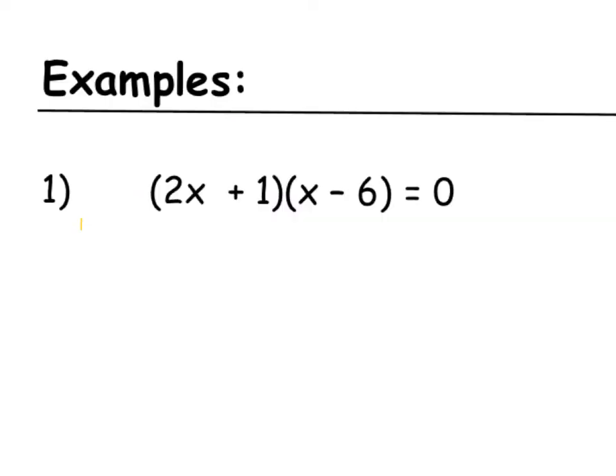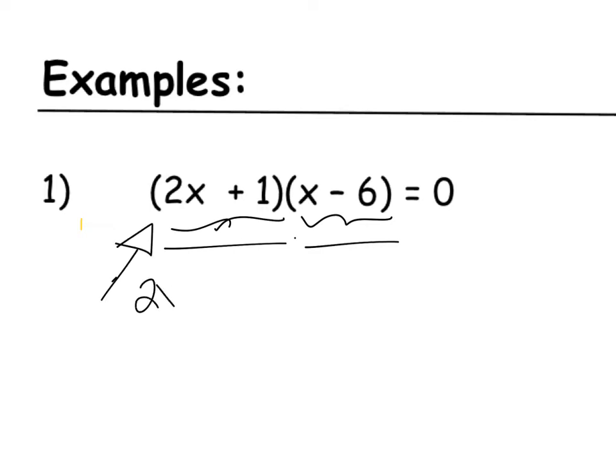In our first example, we have (2x + 1)(x - 6) = 0. So we're already in the right form of something times something equals 0, and all we need to do is set each factor to 0 to find the solutions. So either 2x + 1 has to equal 0, or x - 6 has to equal 0.